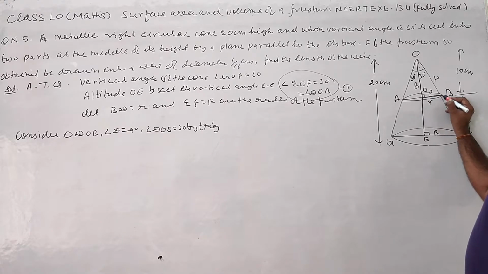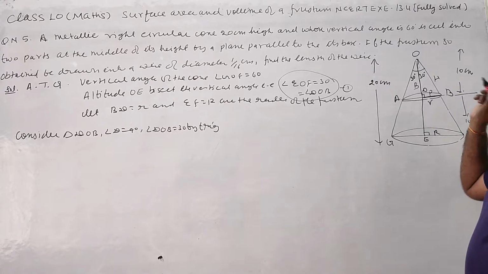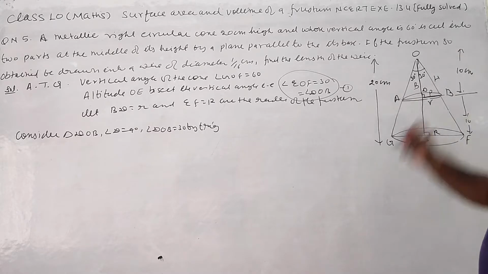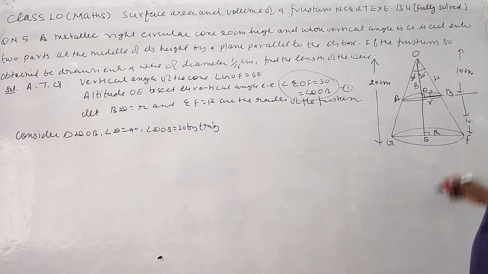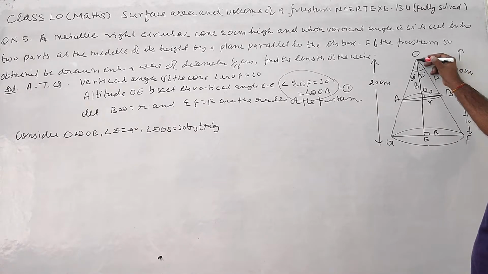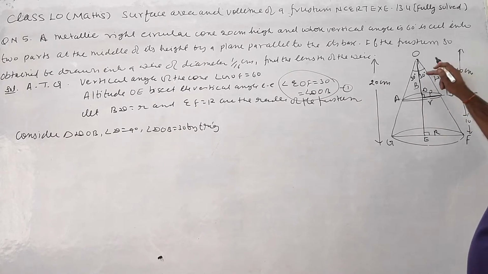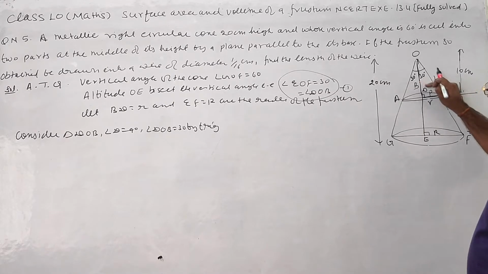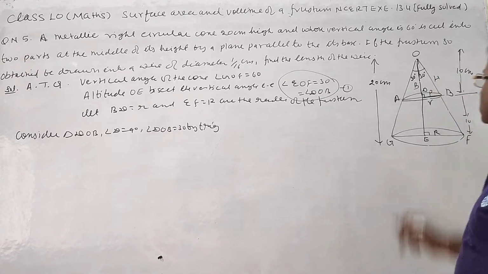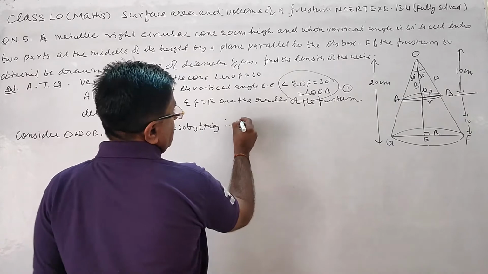Now we want to find the r, and theta is given. Also this height is given as 10. So we are given this side and this side, and we take the relationship between these two sides.